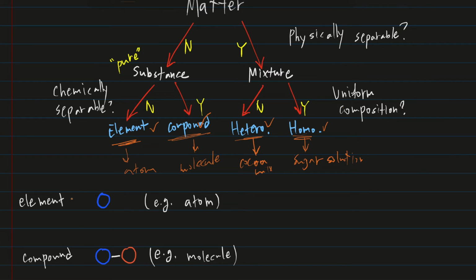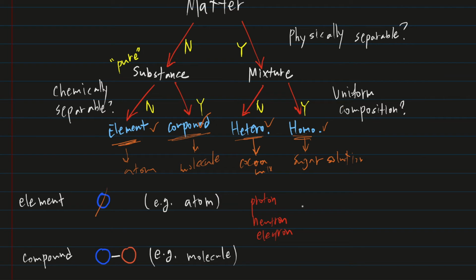Anyway, let's have a look at what an element is. An element, for example an atom, cannot really be separated via chemical means. When I say atom, I'm only talking about chemical methods. An atom can be separated into three major components: proton, neutron, and electron.